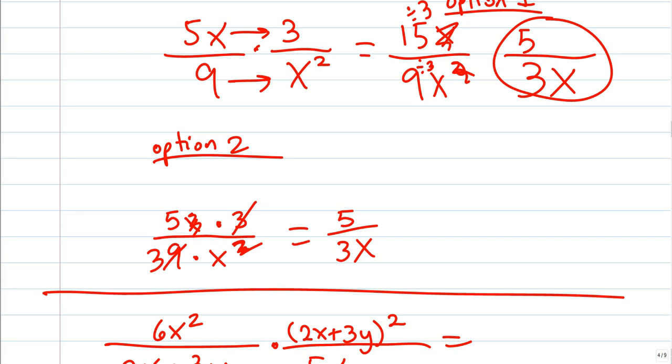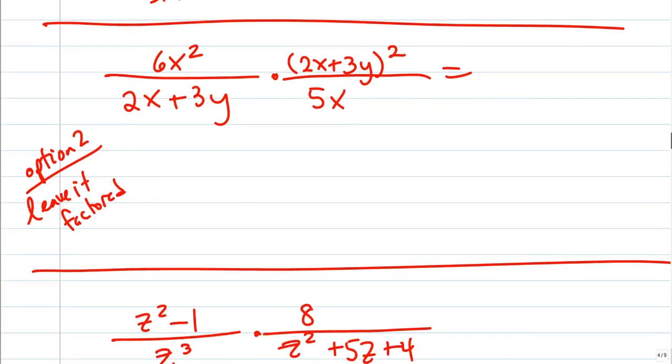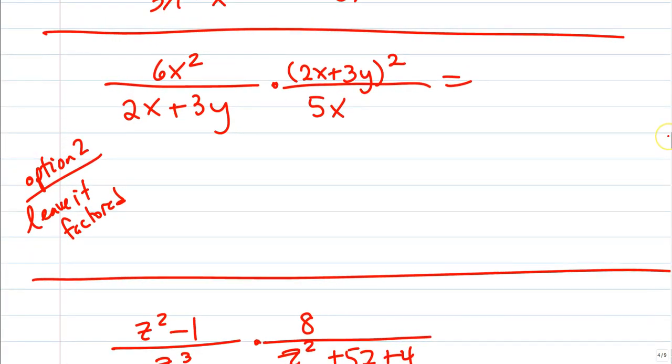Okay? Why does that matter? Well, if I look at this question, I do not want to multiply this straight across. I literally would have 6x squared, 2x plus 3y, try to multiply all that together and try to simplify it. I would end up with, just at the beginning, like 24x to the 4th plus, a whole mess.